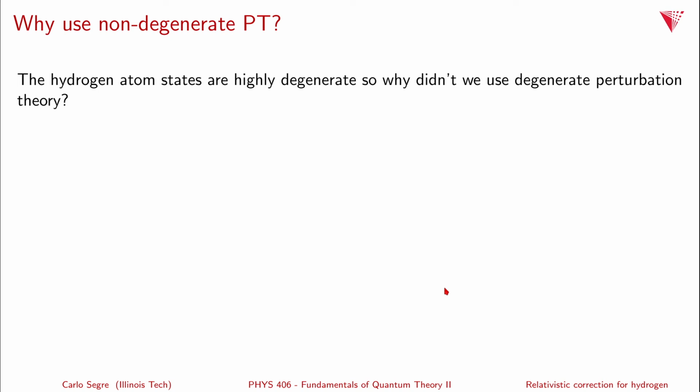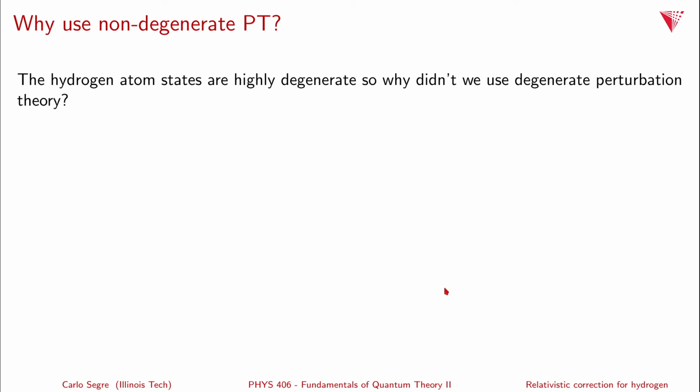So we did this using non-degenerate perturbation theory, right? We just calculated the expectation value of the operators and assumed that would be the energy correction. But we know that the hydrogen atom states are highly degenerate because with l not equal to 0, if l is equal to 1 or 2 or 3, then you have high degeneracies. And those degeneracies would give you a problem if you were doing first order perturbation theory.